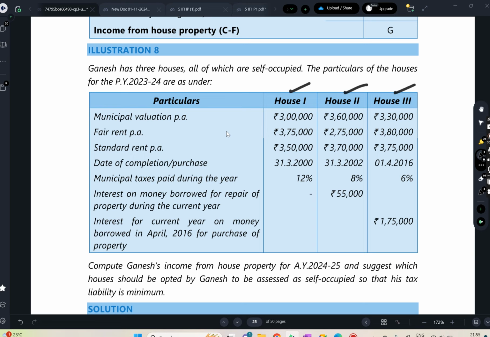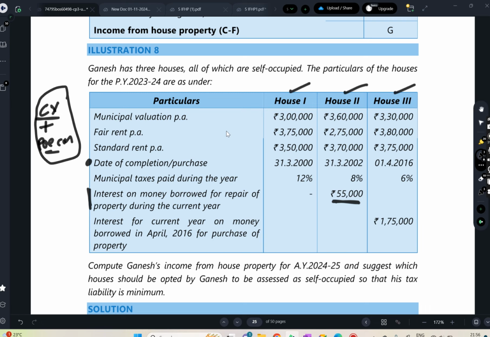Now they have given the date of completion or purchase, the municipal taxes paid during the year, the interest on money borrowed for repair of property during the current year for house 2, and the interest for the current year on money borrowed in April 2016 for the purchase of the property. Remember, we will give 2 interest deductions: one is the current year deduction if there is any, and then pre-construction interest if there is any.